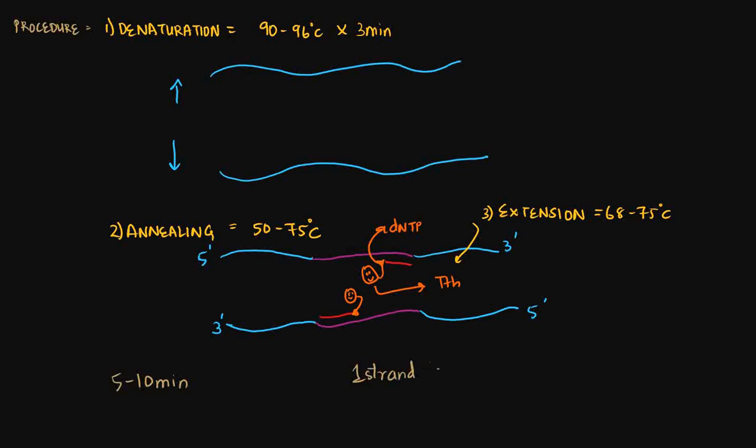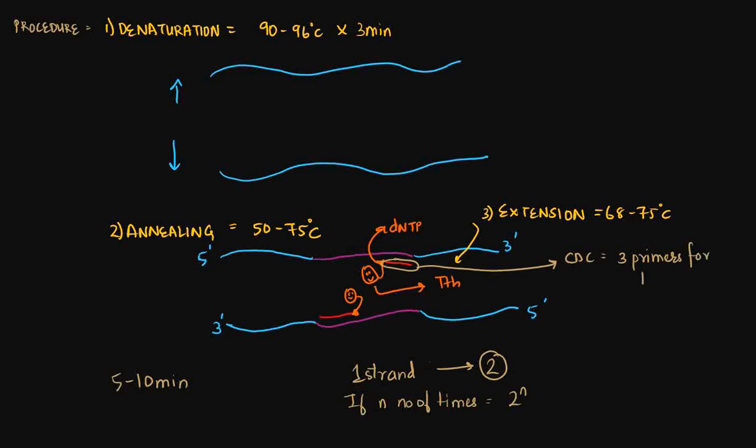When this cycle takes place once, it causes the formation of 2 strands of DNA from one parent DNA. So if this process is repeated n number of times, the total number of strands would be 2 raised to the power n. The CDC has issued 3 primers for detecting the N gene.